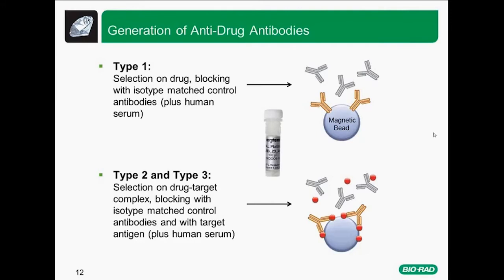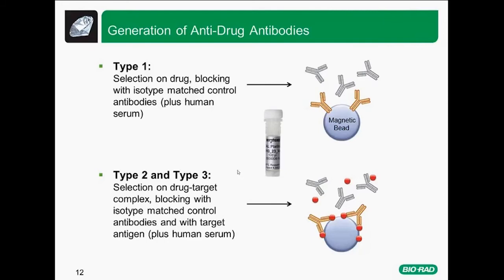For type 1, we immobilize the drug antibody on magnetic beads, for example, and then incubate this with the phage antibody library, and at the same time we add isotype matched control antibodies in human serum to block away all the antibodies that bind to the constant regions of the drug. So the focus is then really on antibodies which bind to the binding site of your drug antibody.